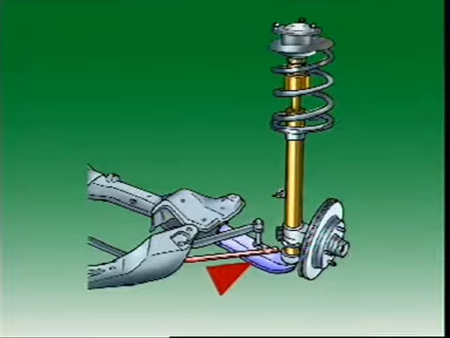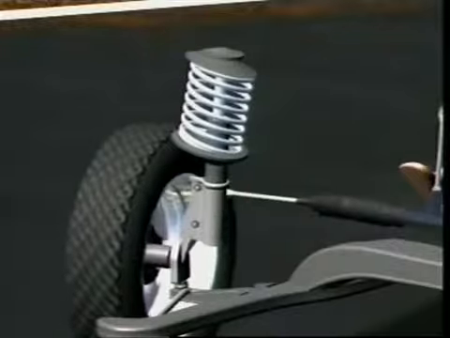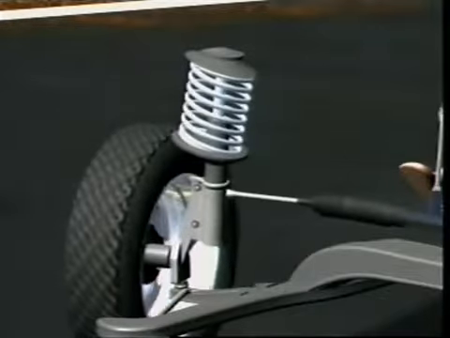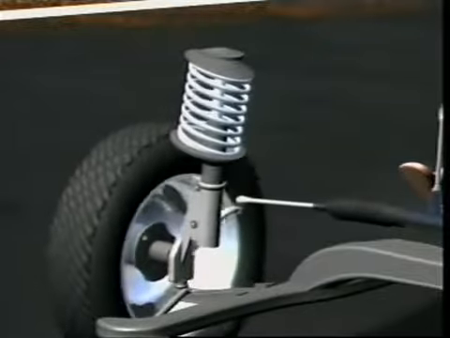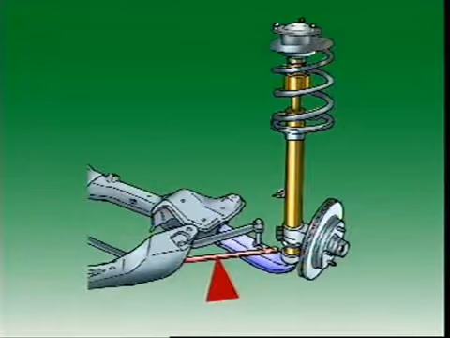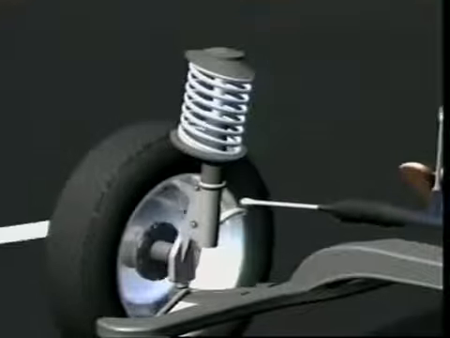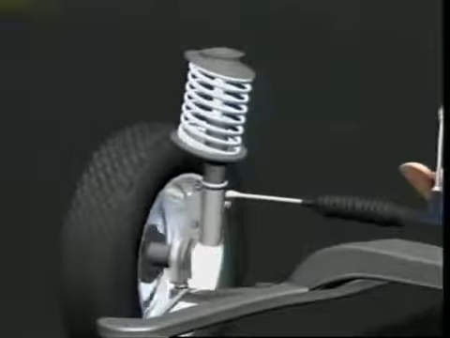Its upper end is located in a molded rubber mounting. If the unit is on the front, the upper mounting includes a bearing to allow the complete strut to rotate with the steering. A tension rod or stay bar extends from the body subframe to the outer end of the control arm. This maintains the location of the control arm during braking and accelerating.